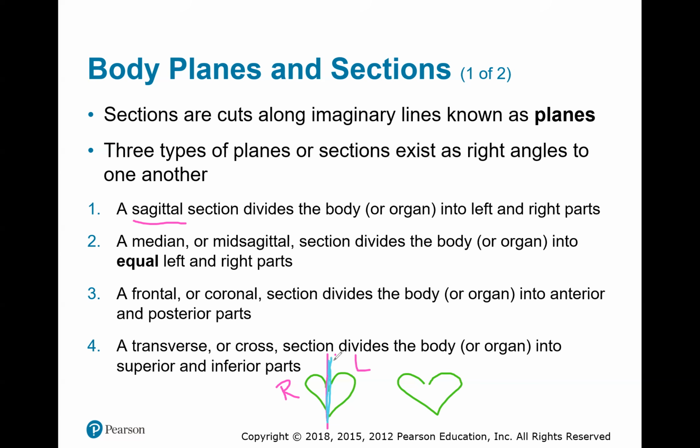So if I just put this square in the middle, that would be median or mid-sagittal. And if I just decided to cut into one portion where I had unequal right and left halves, that would be called parasagittal. So mid-sagittal, you're making equal right and left halves. Parasagittal, they're not equal. It could be a little off, like maybe 60-40, or it could be a huge change, depending on where that cut is being made.